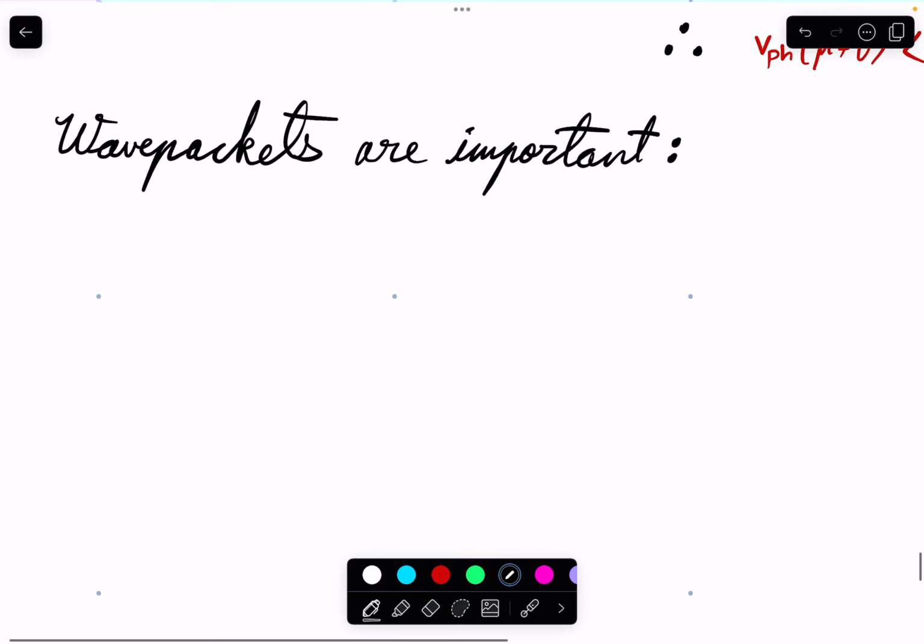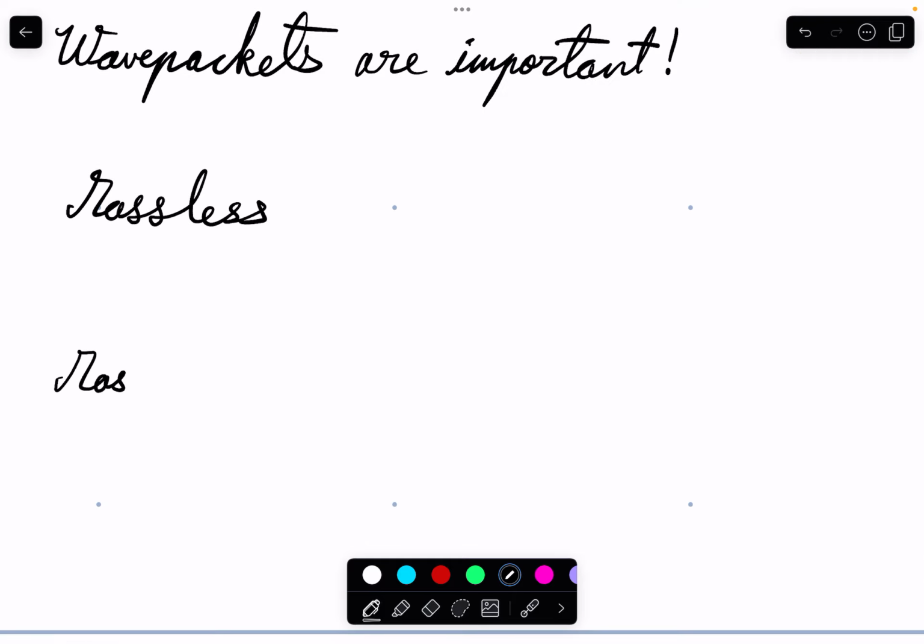You have a massless case, and you have a massive case. Now, the first one is, say I have some wave like this. Oh man, I'm not good at drawing.